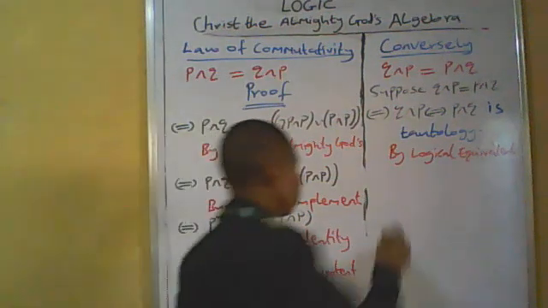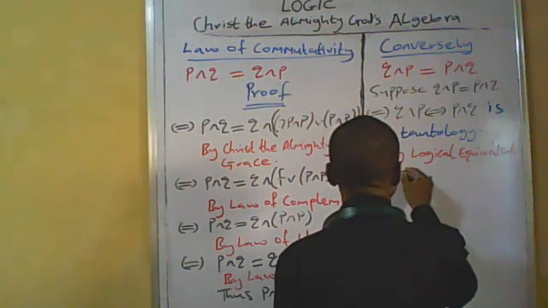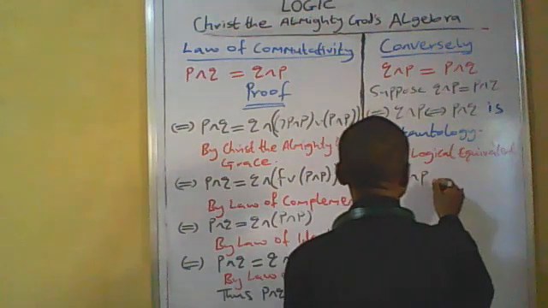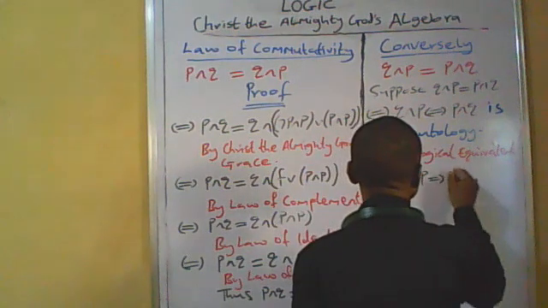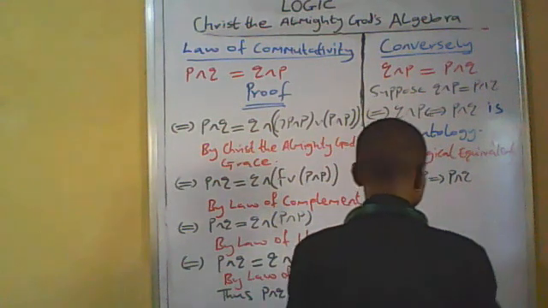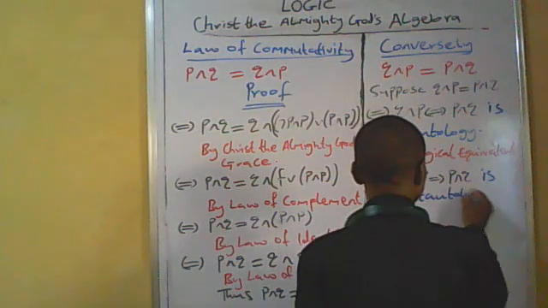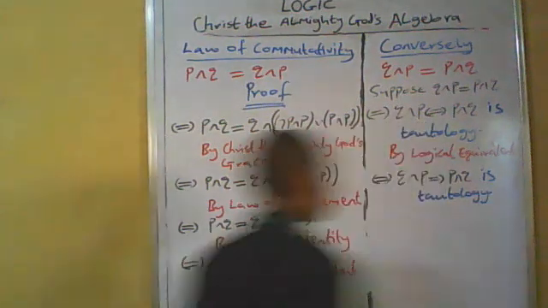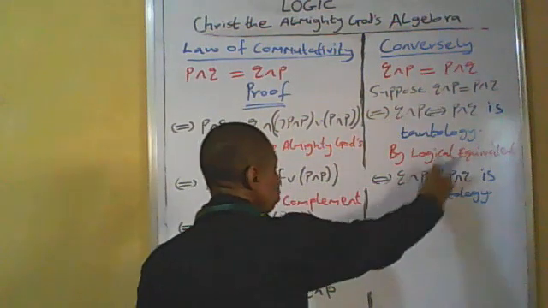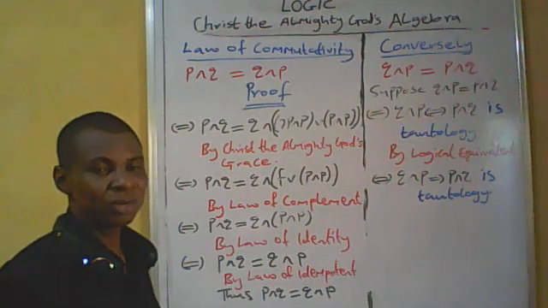If and only if Q and P implies P and Q is tautology. That means you have now transformed this biconditional statement to conditional statement and it still preserves tautology.